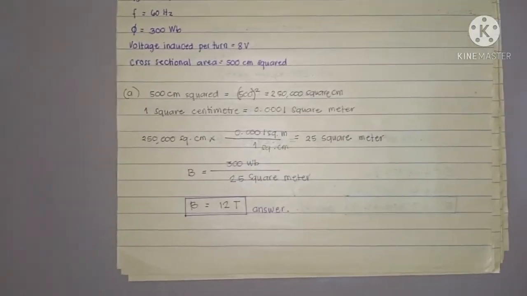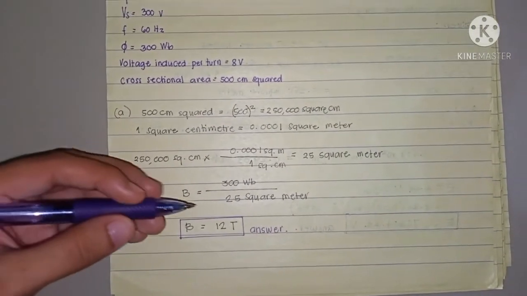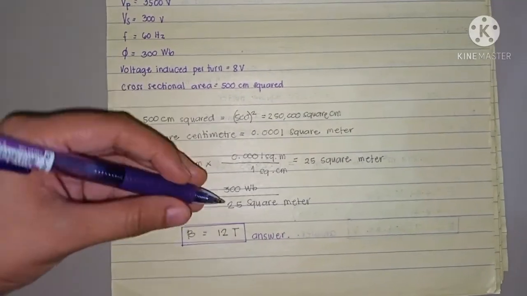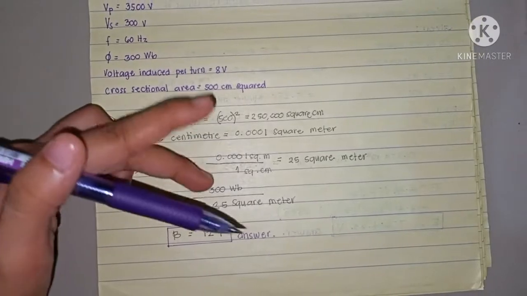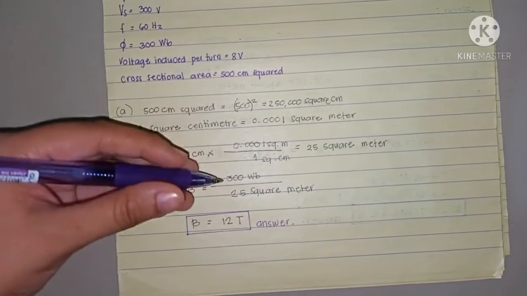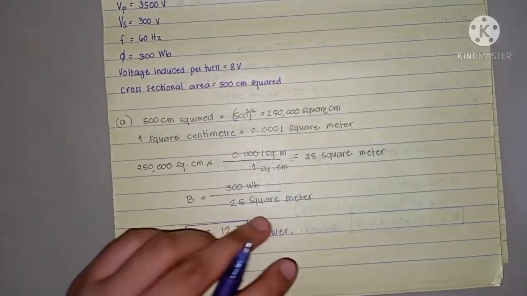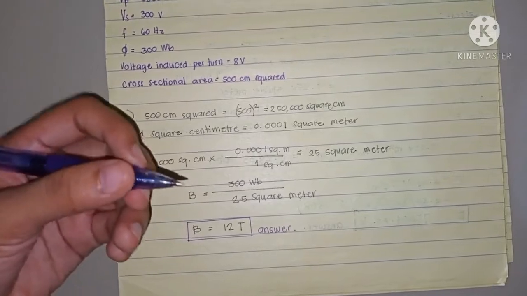The formula for the flux density is equal to flux over area. The unit for our flux should be Weber, and the unit for area is square meter.